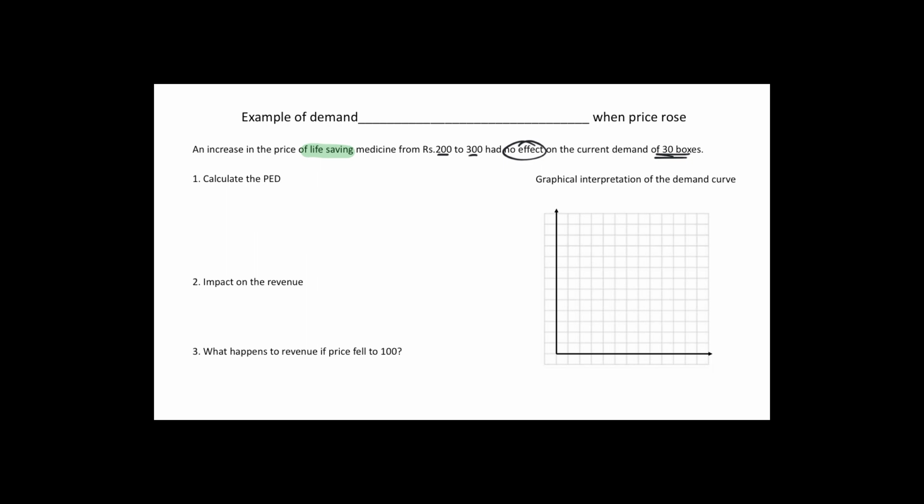You're still selling 30 boxes. So if I was to mark it, let's say at 30, I was initially selling it at 200 price, and now the price has gone up to 300, and I'm still selling the same units. That helps me construct a demand curve for it.